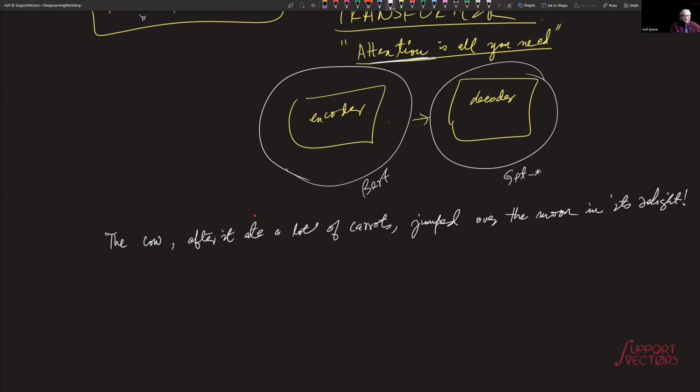right? So now when you look at it, I've deliberately introduced a few words so that you can clearly say that this is about the cow, isn't it? And it is not referring to carrot, it's not referring to the moon. For human beings, that's very easy, but for machines it's pretty hard actually.